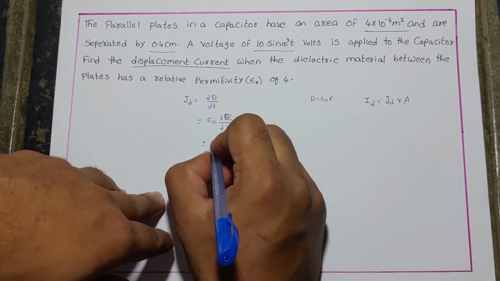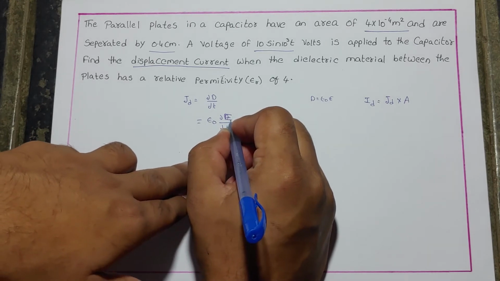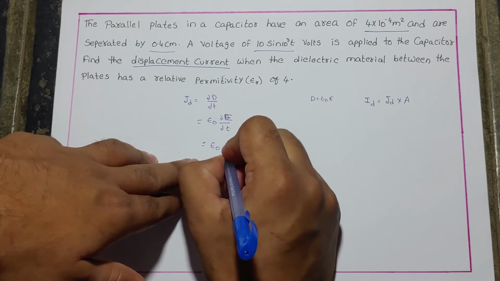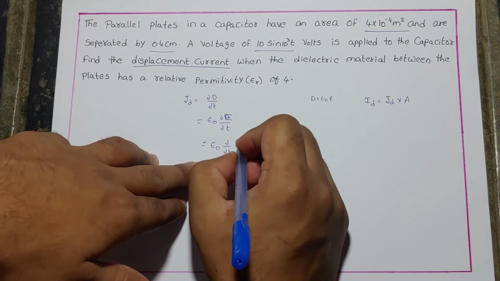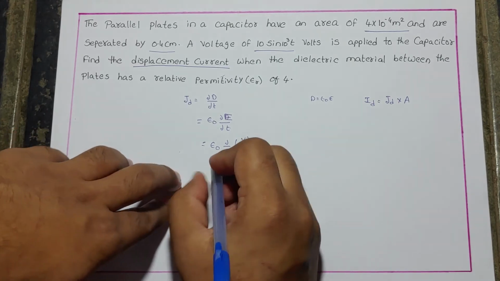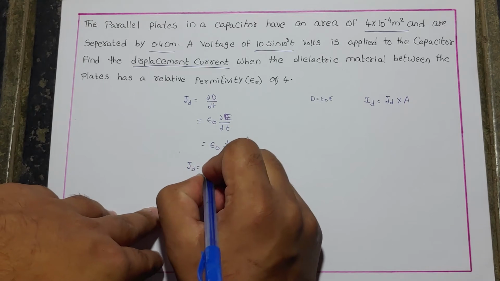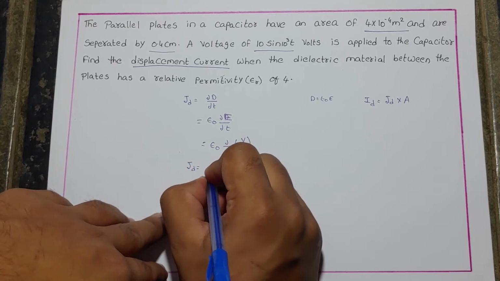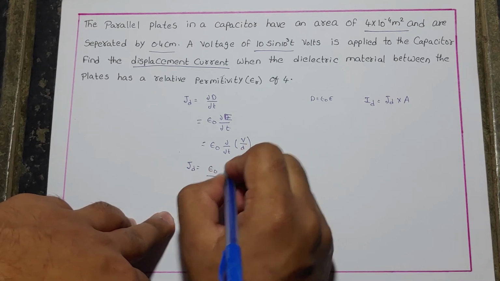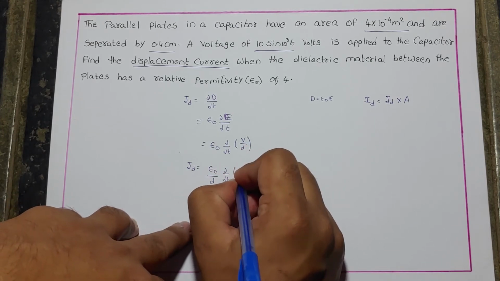E means electric field intensity, so epsilon naught times electric field intensity would also be considered as voltage per displacement between them from the previous considerations, that is epsilon by d, which is constant, times dou by dou t of v.